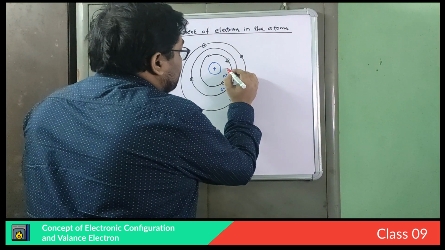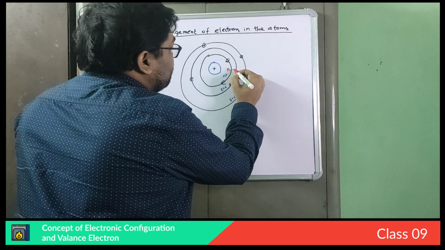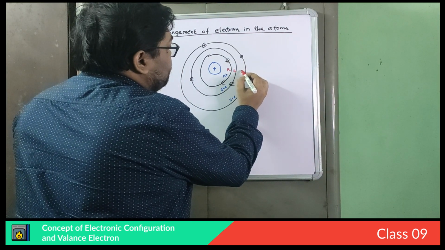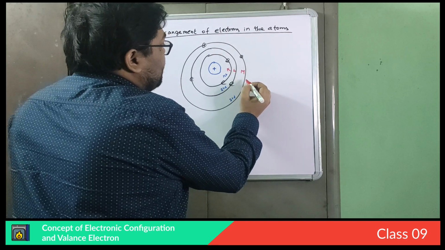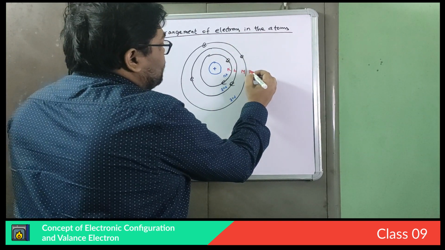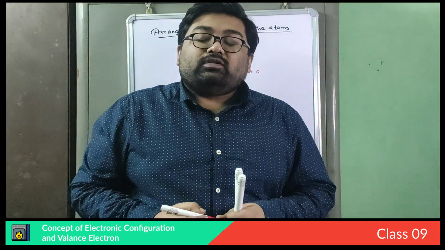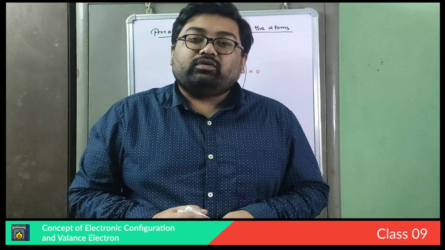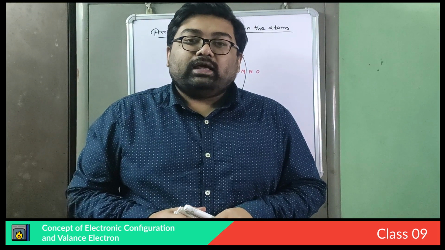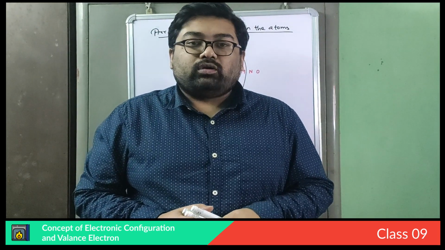So the first shell is K shell, second shell is L shell, next is M, then N, then O, and so on. So the shells are represented by the letters K, L, M, N, O, and so on, right?